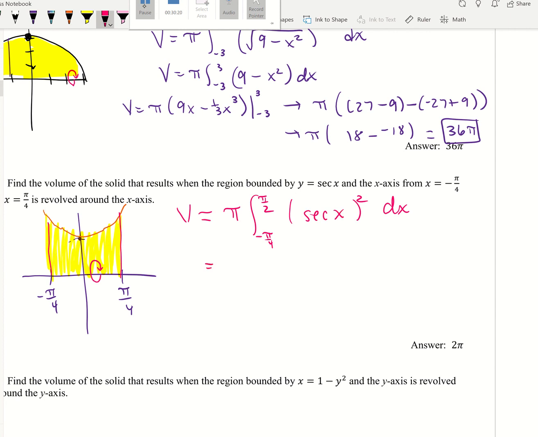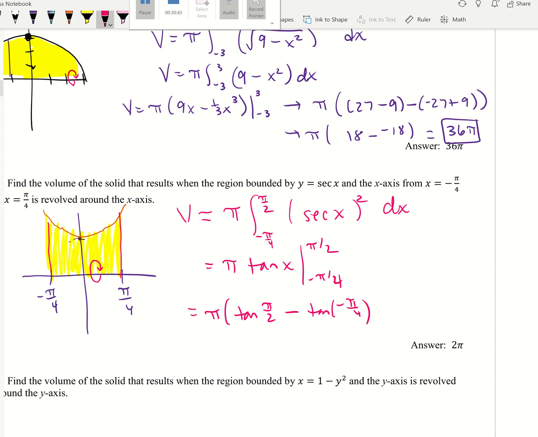Well, that's kind of nice because the integral of secant squared is tangent. So this is pi times the tangent of x, evaluated from negative pi over 4 to pi over 2.